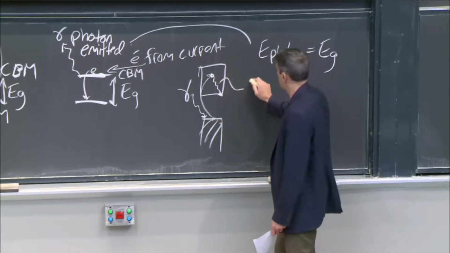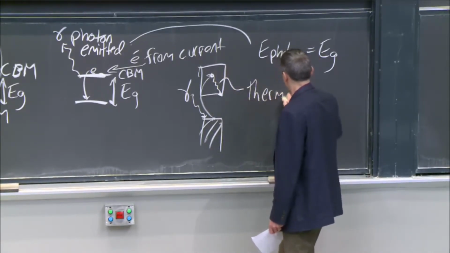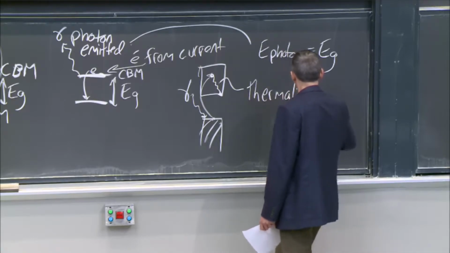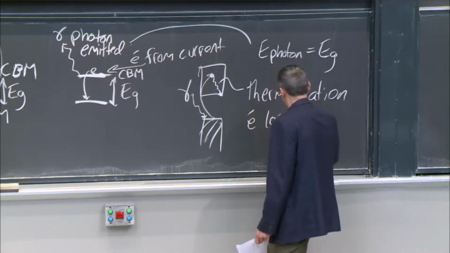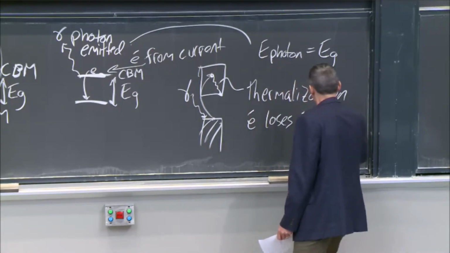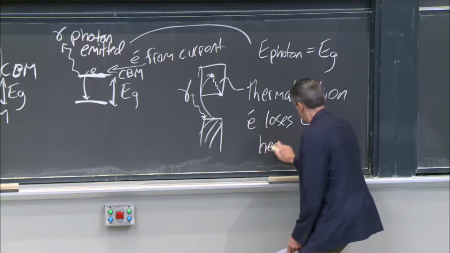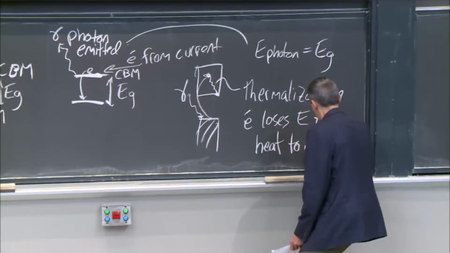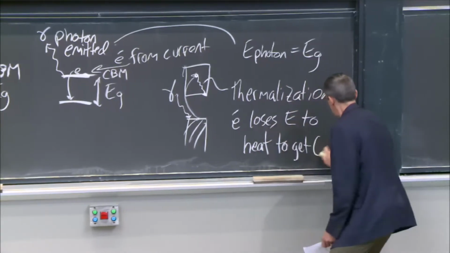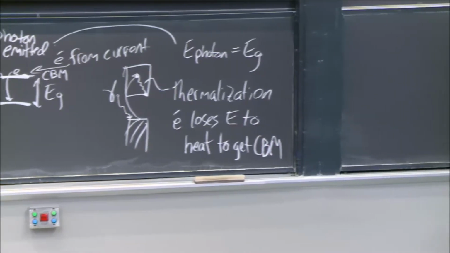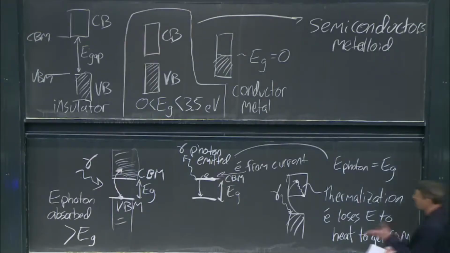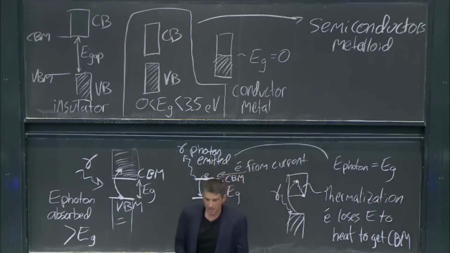That's called thermalization. The electron loses energy to heat to get to the CBM. We'll come back to this later. So the electron can be kicked up by light to any level, but it's going to very quickly go to the CBM.